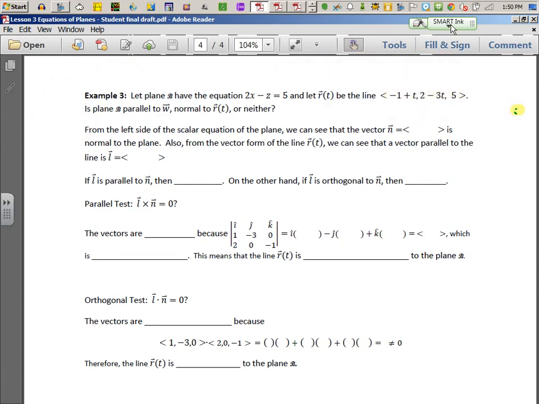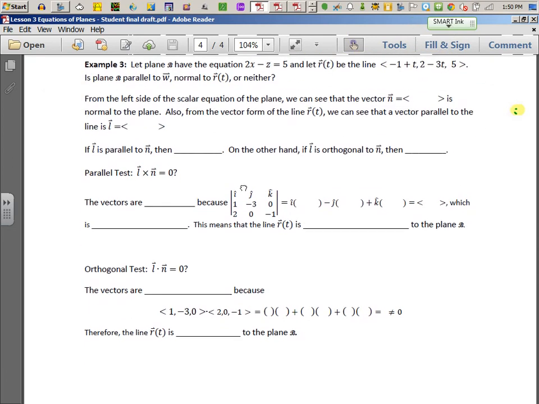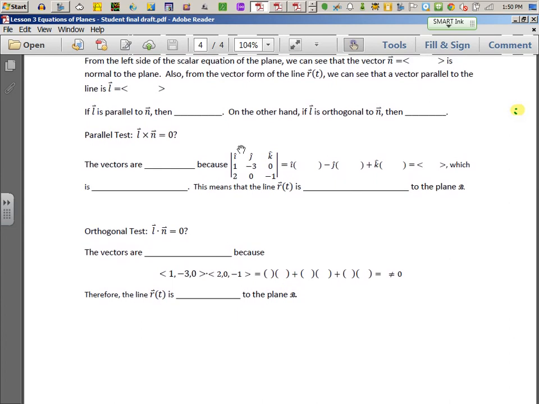So how do you do that? Well, remember on the scalar equation of a plane, the left side is basically a vector n, with components n x, n y, n z, dotted with generic variables x, y, z.